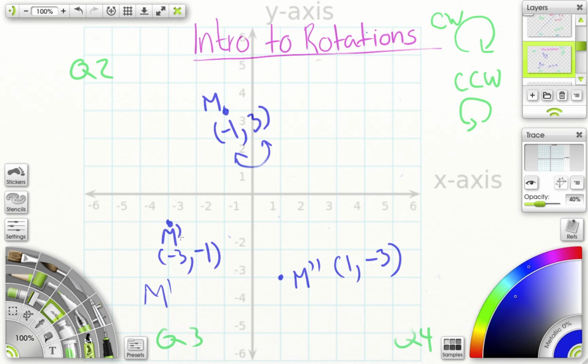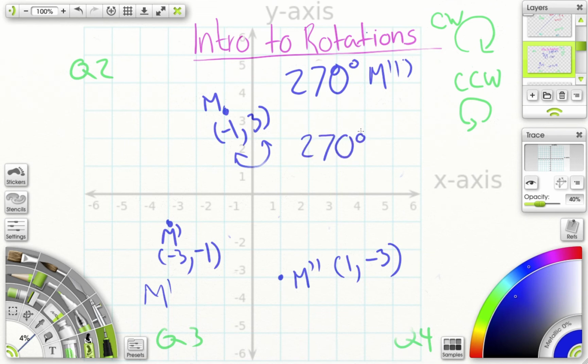270, 1, 2, 3 is going to end up over here. So M prime prime will end up over here, or prime prime prime. That's my third rotation. So it's going to be 270 degrees. The rule for 270 is similar to that of 90. I switch my x and y around, so it becomes 3, -1.